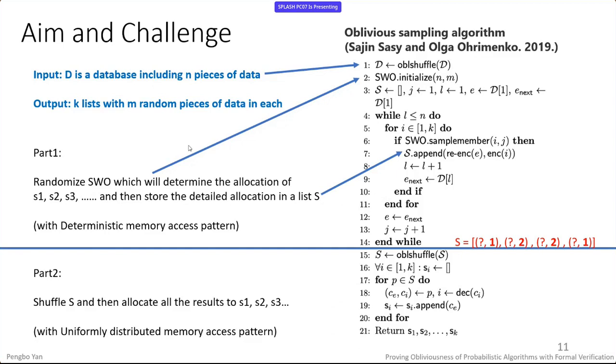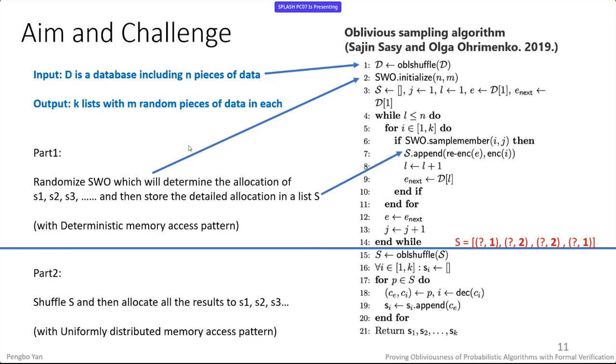And the second element is the index of the list which the data should be in finally. So for example, if this S is as the red colors show, then that means there are 4 encrypted sampled data in the list, and 2 of them should be in S1 finally, and the other 2 should be in S2 finally.